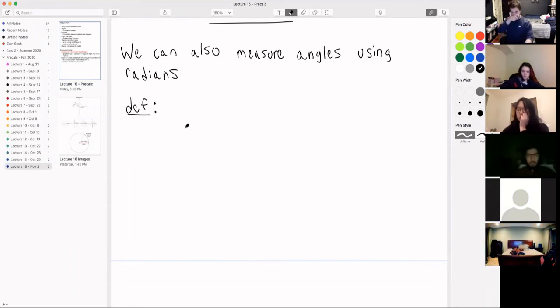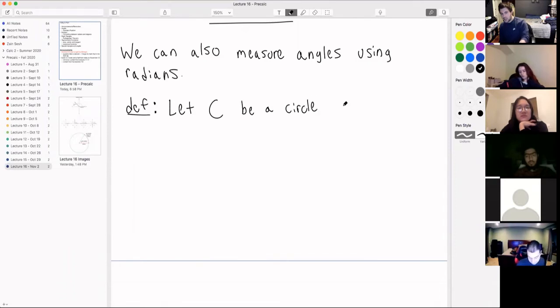Here's the setup. Let C be a circle of radius r.